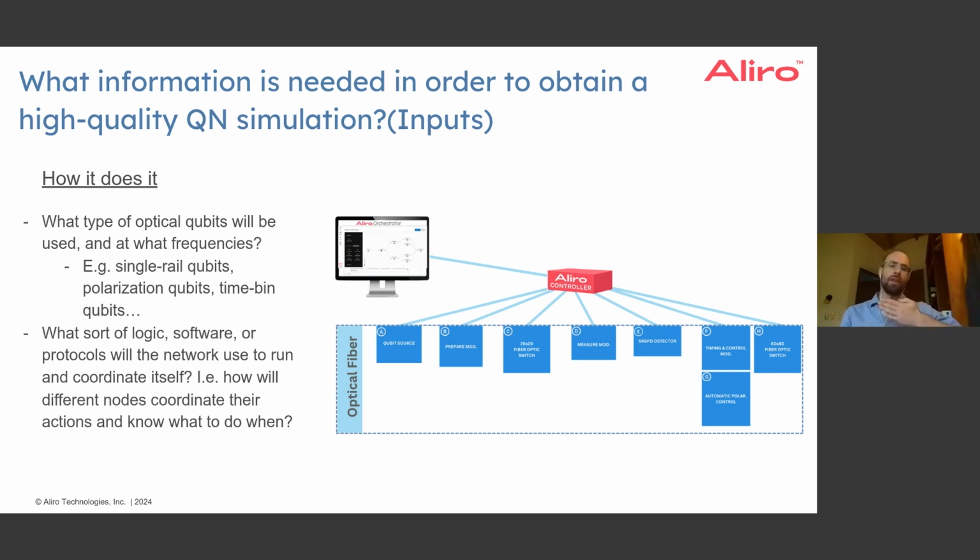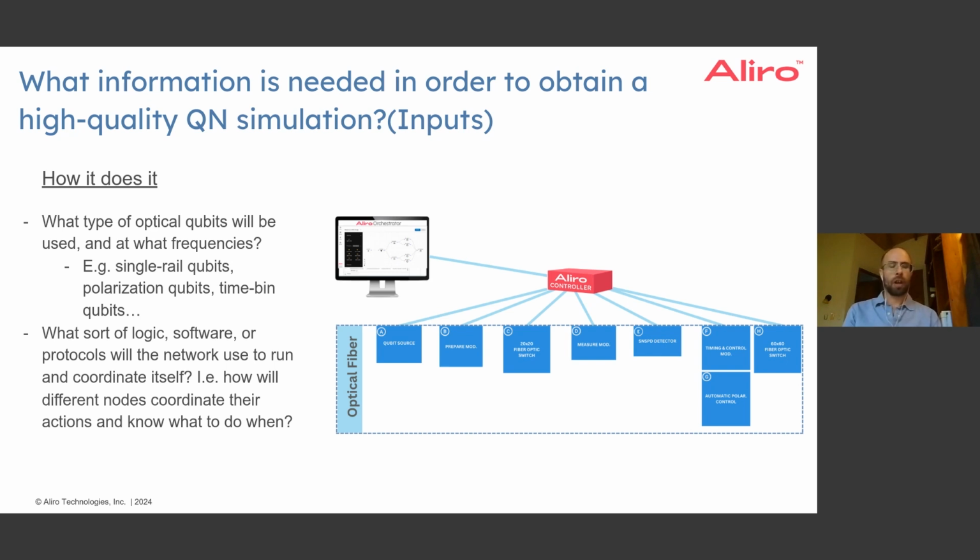So say if a photon arrives early, that's like a 0. If it arrives late, it's a 1. And because it's quantum, it can be in a superposition of those two things. So understanding how you're actually going to be sending quantum information is very important.